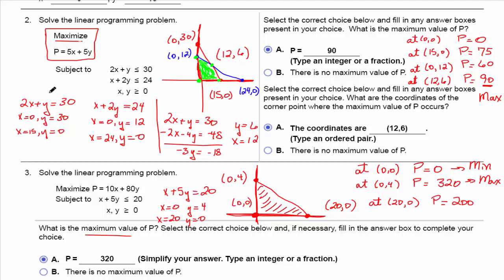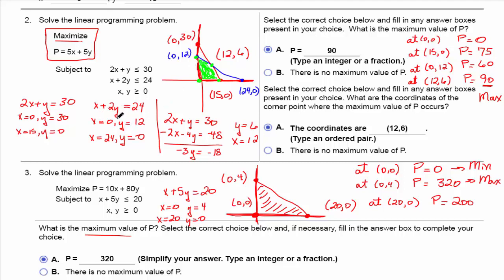Alright, so we take each of our lines and I found the x and y intercepts. On this first line that's in red, it's 0, 30 and 15, 0. The second line, which is graphed in blue, x is 0, y is 12.